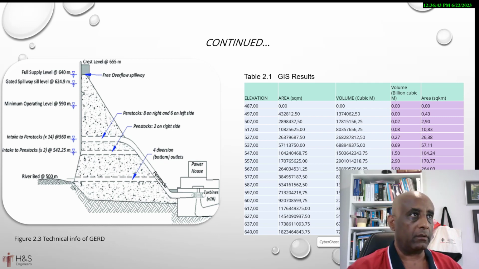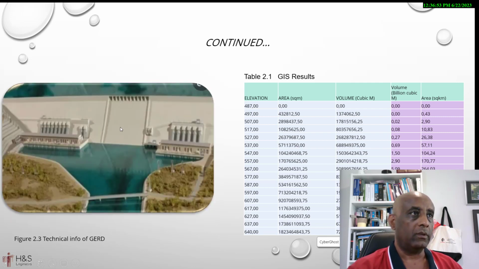So the spillway is necessary. And on the top of the dam there is another spillway as well. So there is the spillway here.